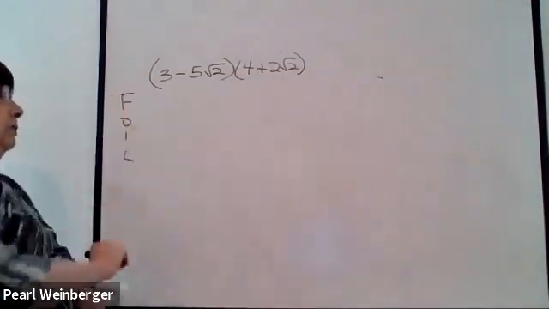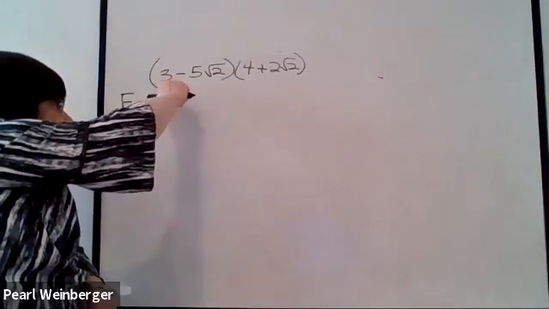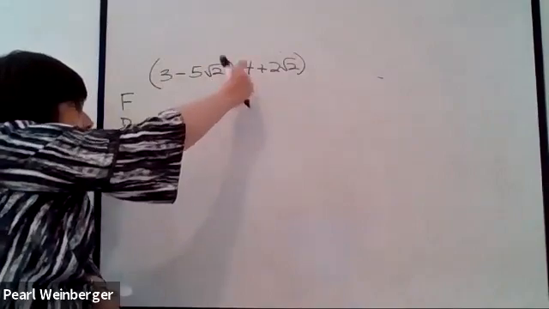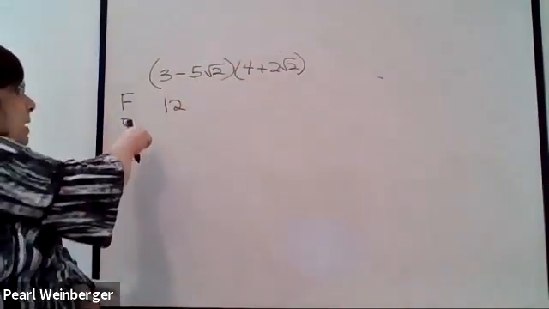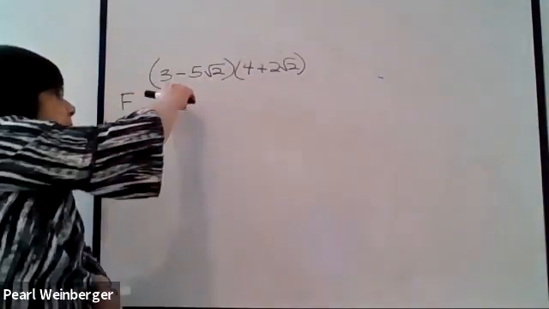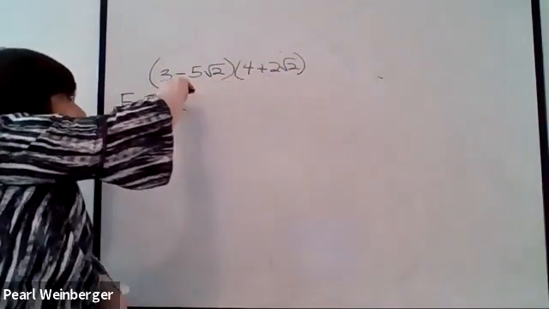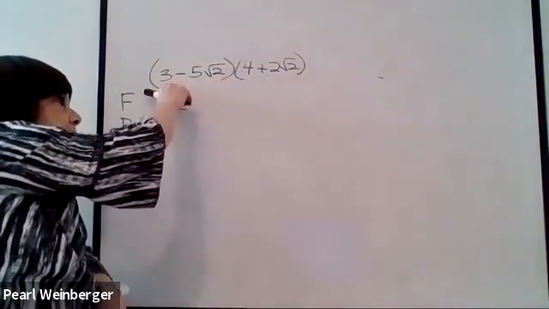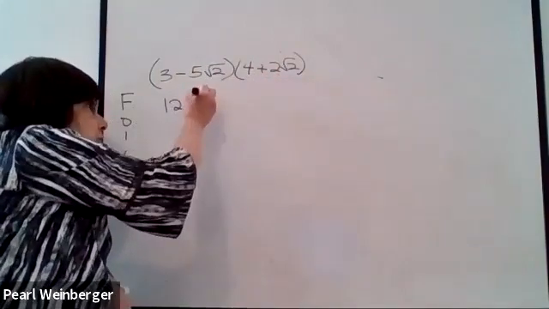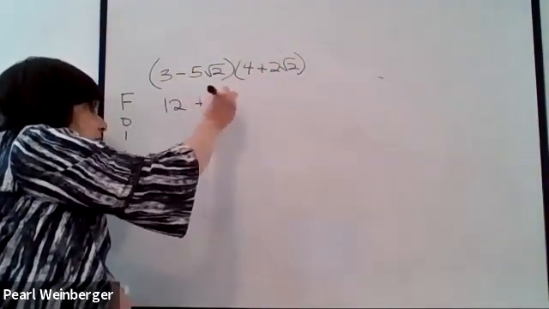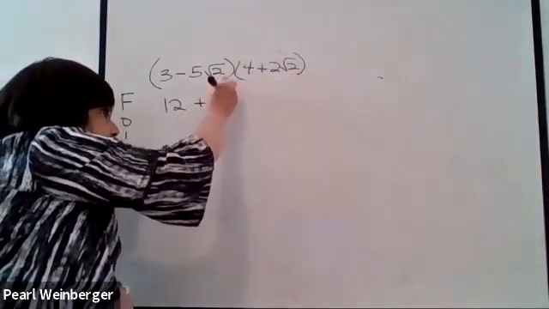At first, multiply the 2 first numbers together, which is the 3 and the 4. That gives me 12. Then my outer, I multiply the 3 times the 2 radical 2. Now this 3 is outside the radical, so I have to multiply it by this 2 that's outside the radical, which gives me a 6. There's no radical to multiply this 2 by, so I just bring down the radical 2.